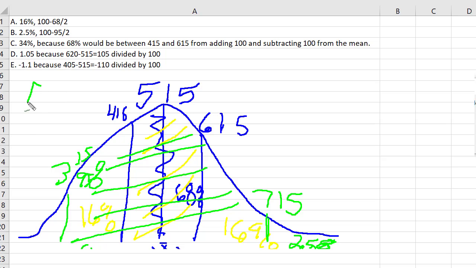So we got 50 here. And we know that after one standard deviation, the rest below it should be 16%. So we subtract that, and that equals 34% for what is left over.